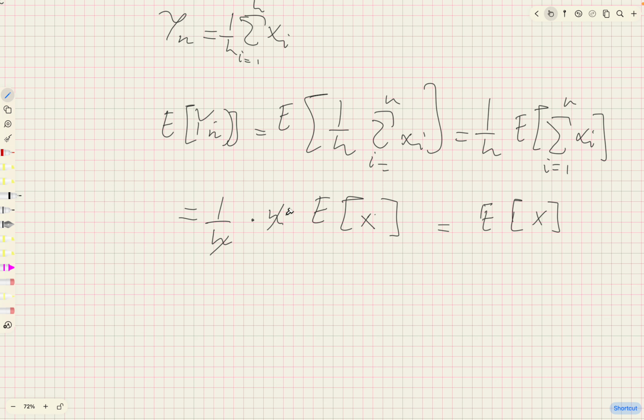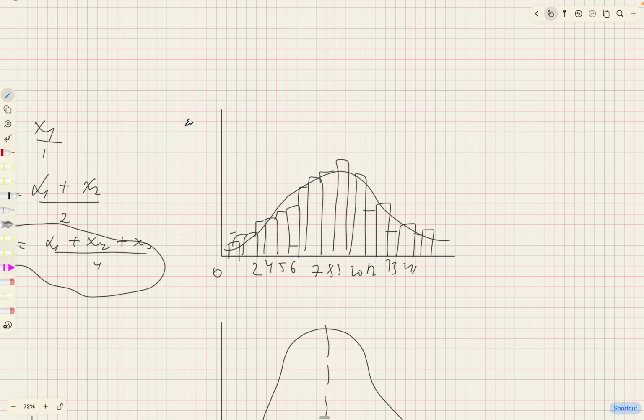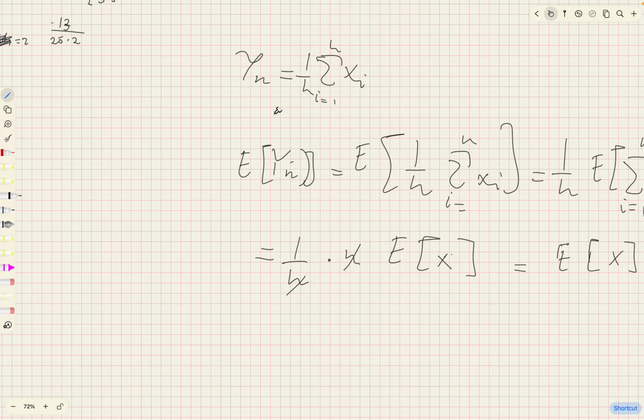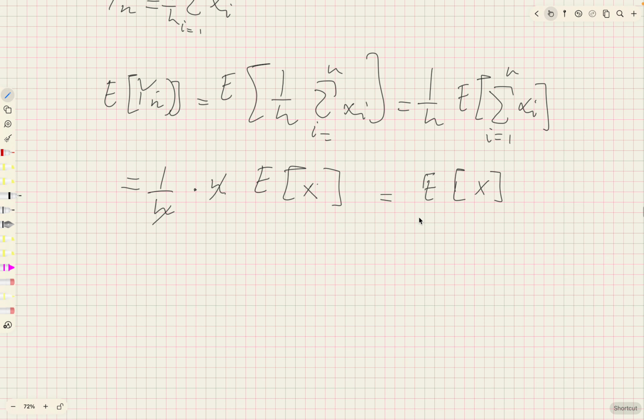So what it means is that no matter what, if it was a uniform distribution or whatever it was, and we take the averages and plot the averages of samples, and we increase the n's, and each time we plot their distributions, the mean of that distribution doesn't change. The mean of the distribution is the same as that of the random variable itself.